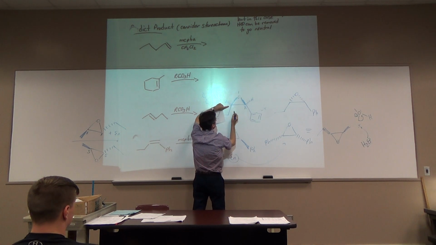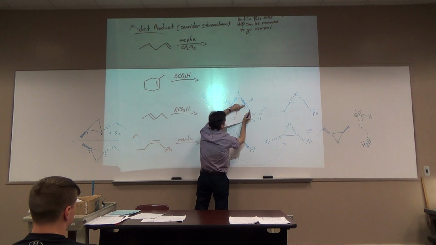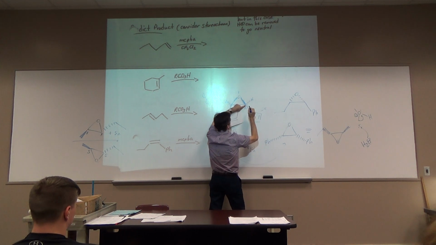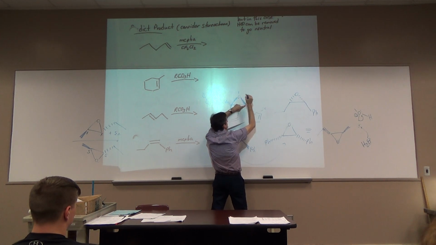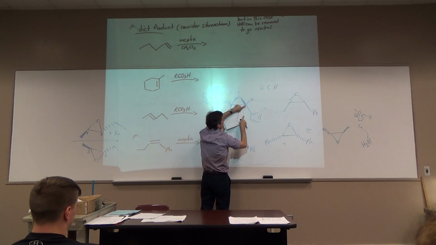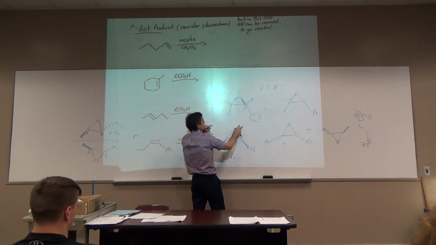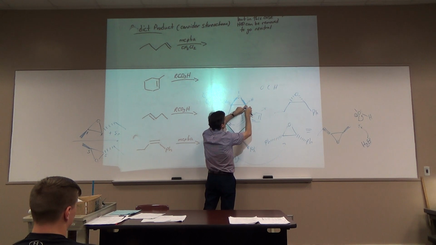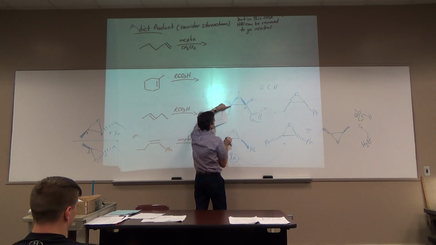Oxygen's 1. Carbon, they're both carbons. This carbon is bonded to what? An oxygen. It's bonded to oxygen, carbon, and H. Yes, this carbon is bonded to oxygen, carbon, and H. What's this carbon bonded to?